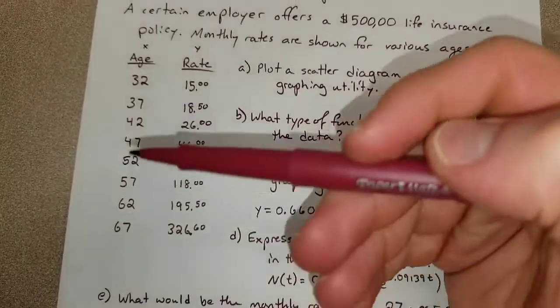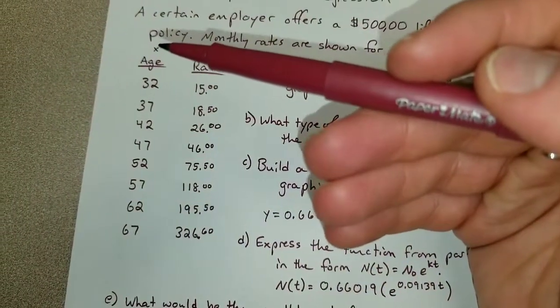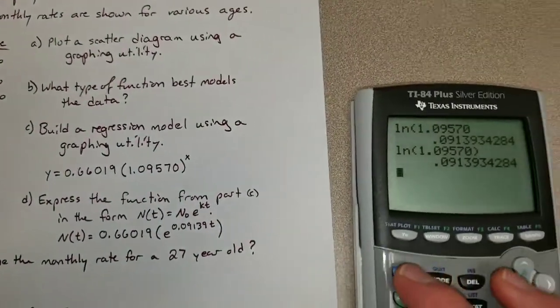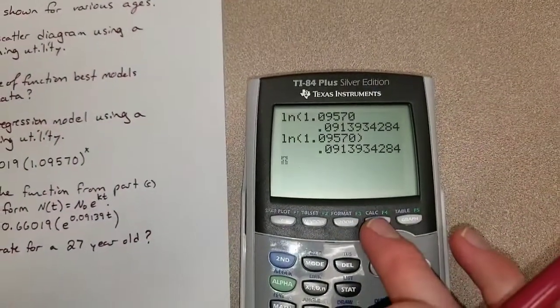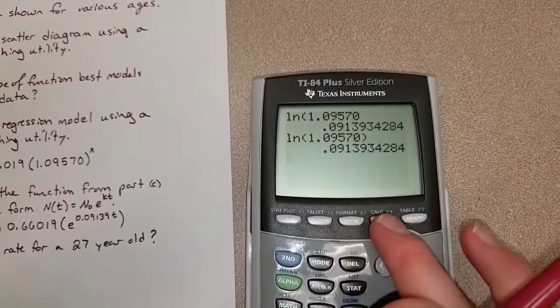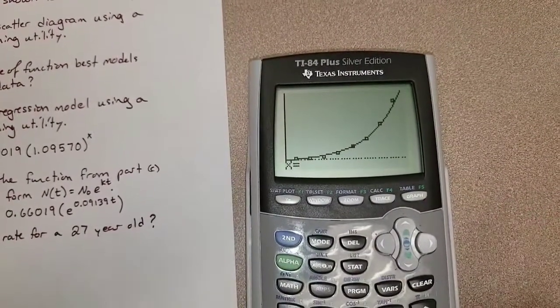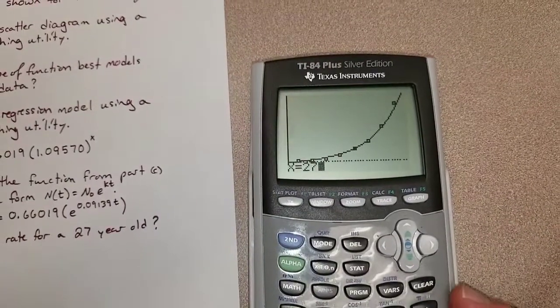Well, you go on the list here, right? 27 is not on the list, so we don't actually know that. So we can use that model though. If we go to the calculate menu, hit second and then calculate, go to value, and we can type in 27 to the model.